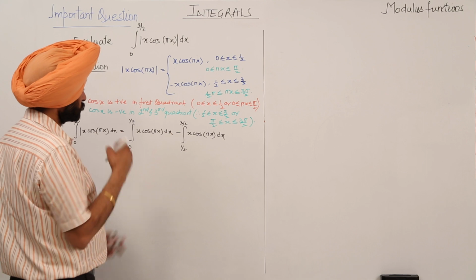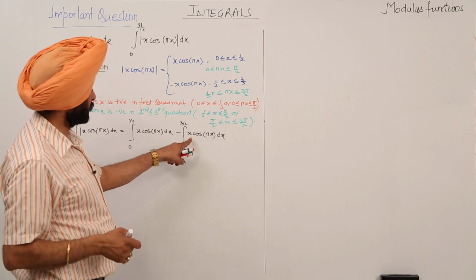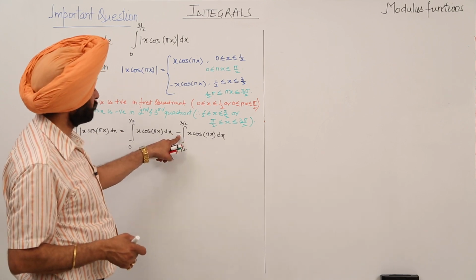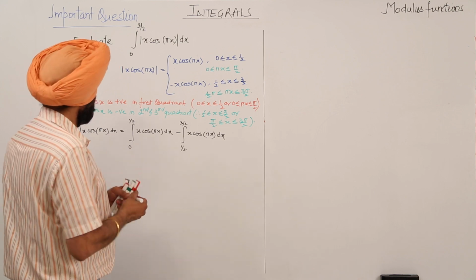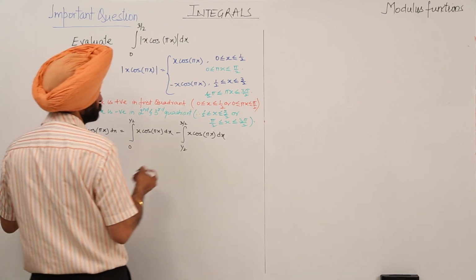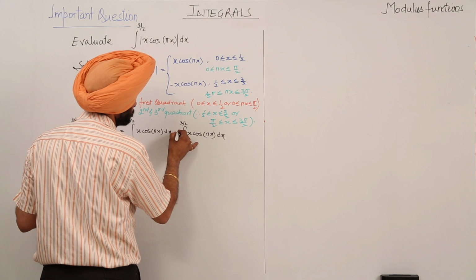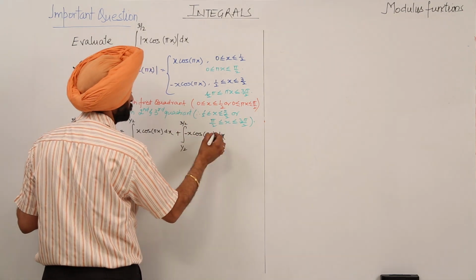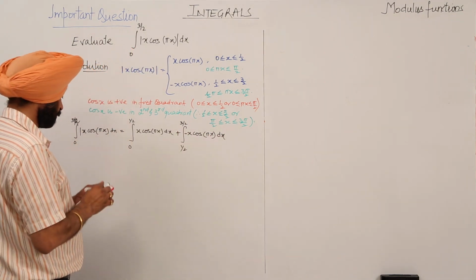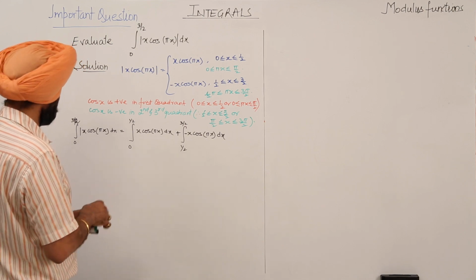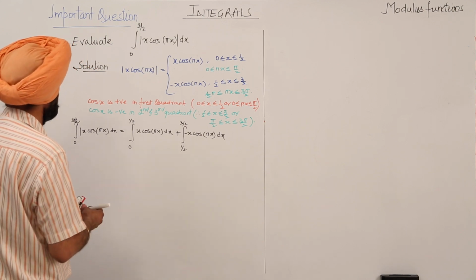Okay, so here it was negative of x and I have taken that outside, so it becomes negative here. Better, you should write it like this, plus and minus here. Okay, like this only. Now let's integrate by parts.